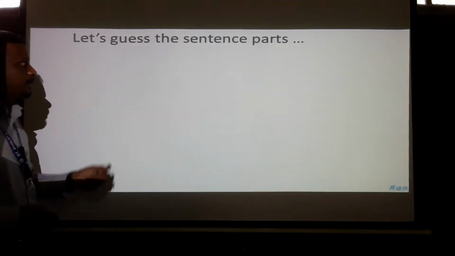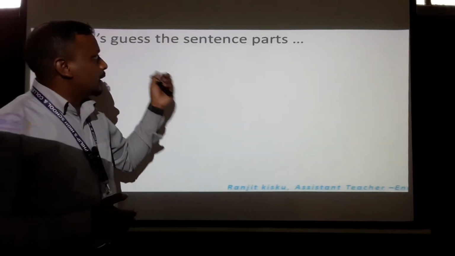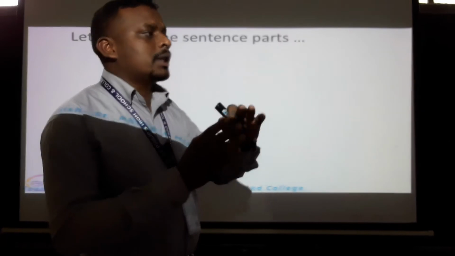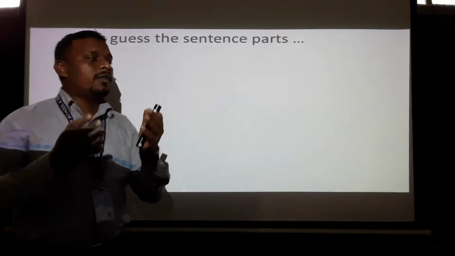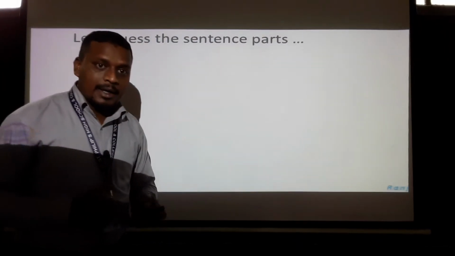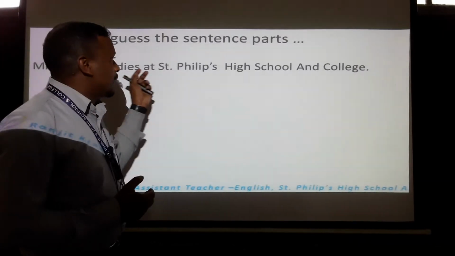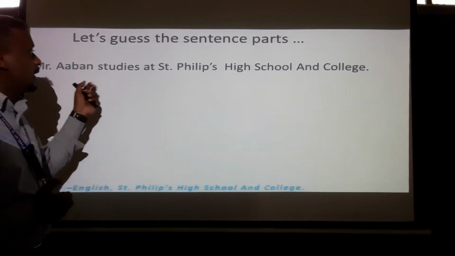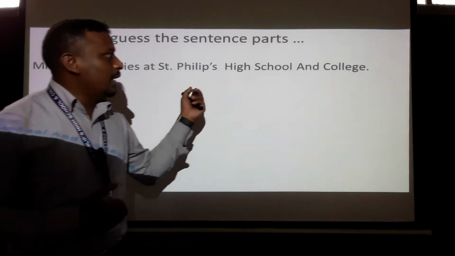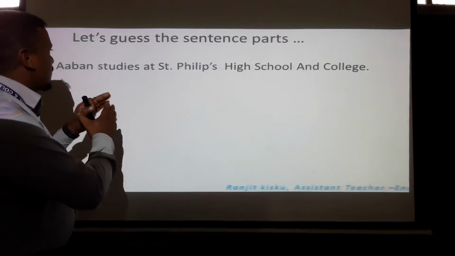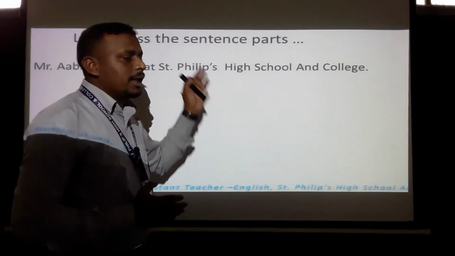Okay, let's go ahead. Now let's guess the sentence parts. Dear learners, can you tell me how many parts of a sentence you find in grammar? Let's see the sentence: Mr. Avan studies at St. Philip's High School and College. Can you guess how many parts we can find in this sentence?